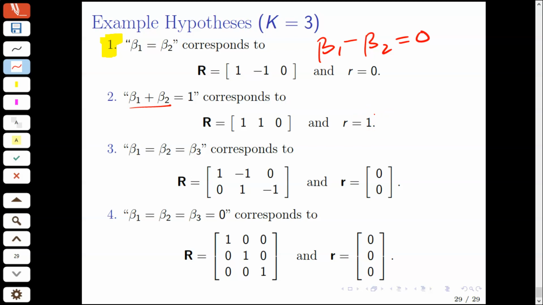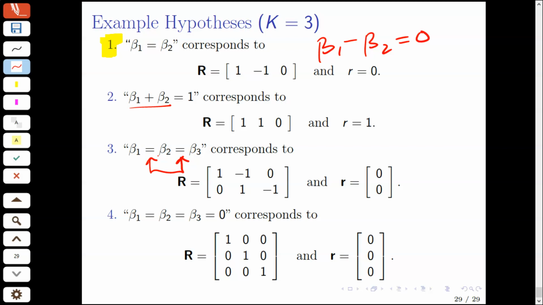A slightly more involved hypothesis is the equality of all three coefficients. Note here that since we're claiming equality between beta 1 and beta 2, as well as beta 2 and beta 3, we really have two hypotheses being tested.